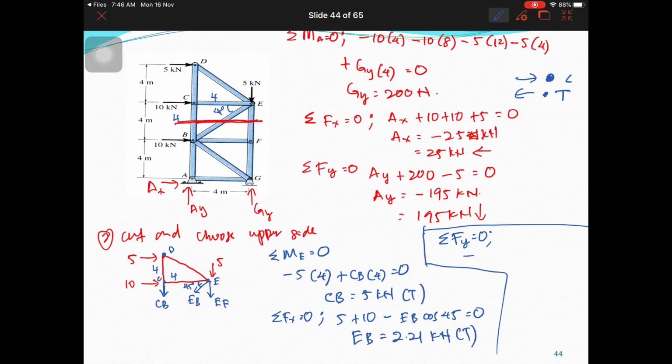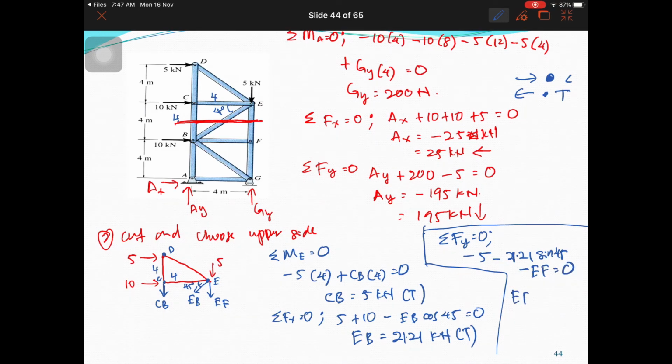So you have minus 5 minus EB sin 45, 21.21 sin 45, and then minus EF equals 0.